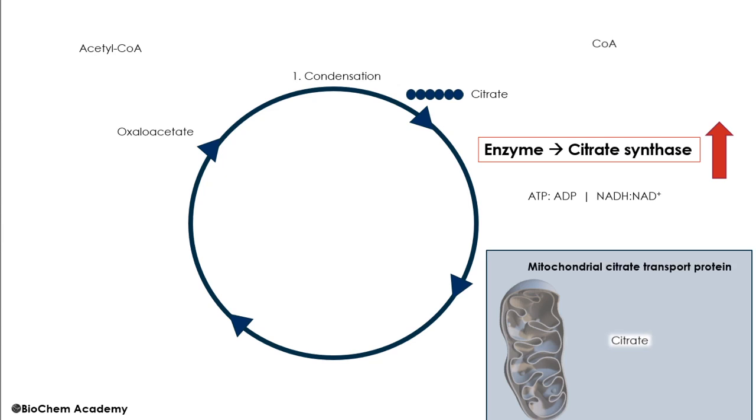Thereafter, citrate can passively diffuse through the outer mitochondrial membrane. Remember, I said in the Metabolism 101 course that the citric acid cycle occurs in the matrix of the mitochondria, the space within the mitochondria. And mitochondria has two membranes, an inner and an outer. So citrate has to transport firstly from matrix to the space between the two membranes and then to the cytoplasm.